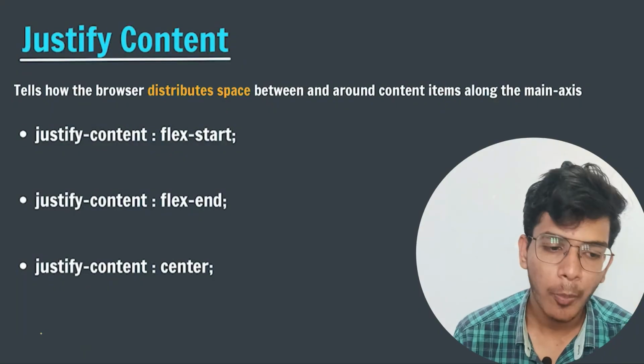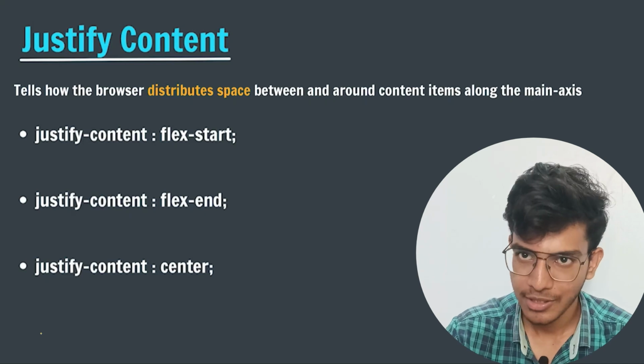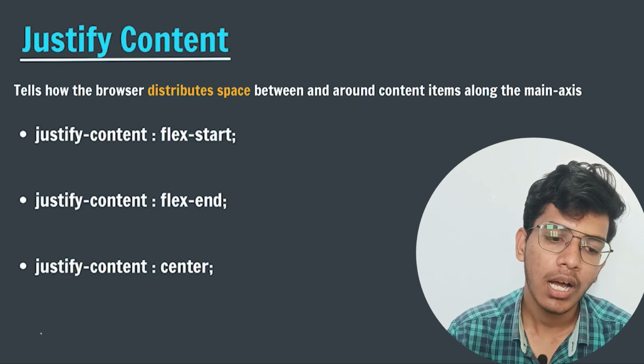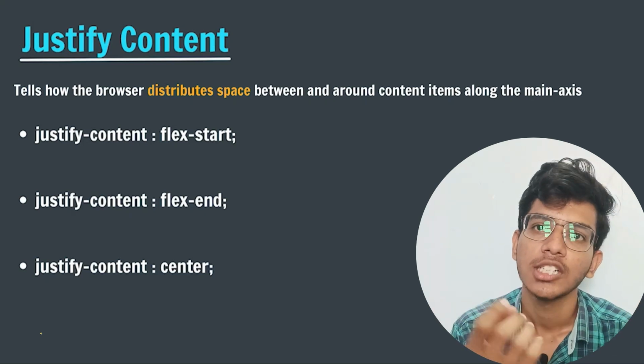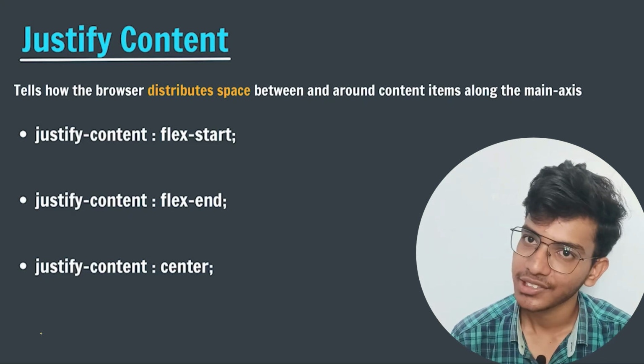Okay, so the next property is justify content. We have multiple child divs inside our container, right? Now let's say that I want to arrange or create some space along the main axis.